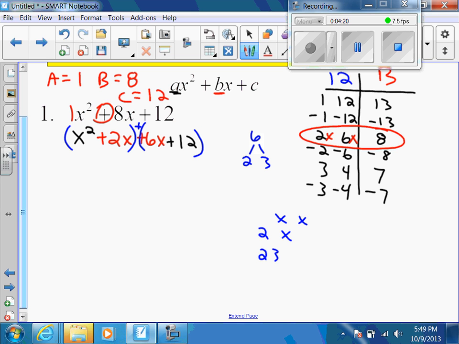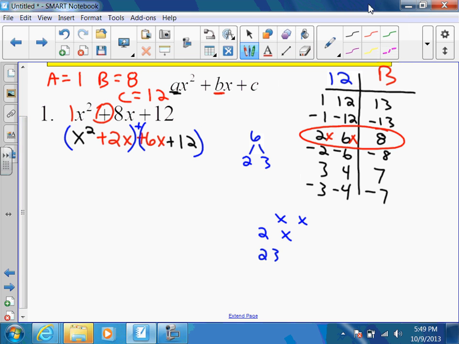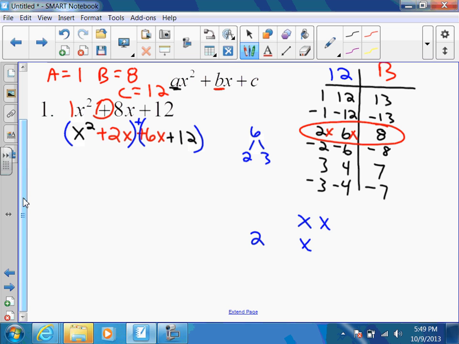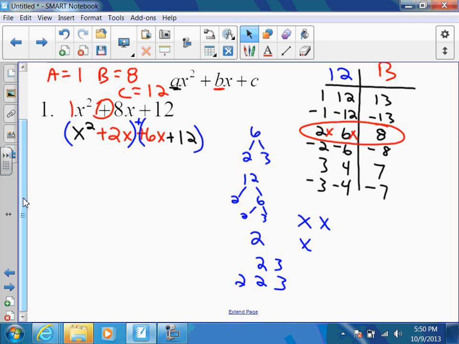I should have left more space. x, 2 and x. 6, 2 and 3. Now I need 12. So I have 2, 2, and the 3. Is there anything in common with all 4 rows? No. So split it up.